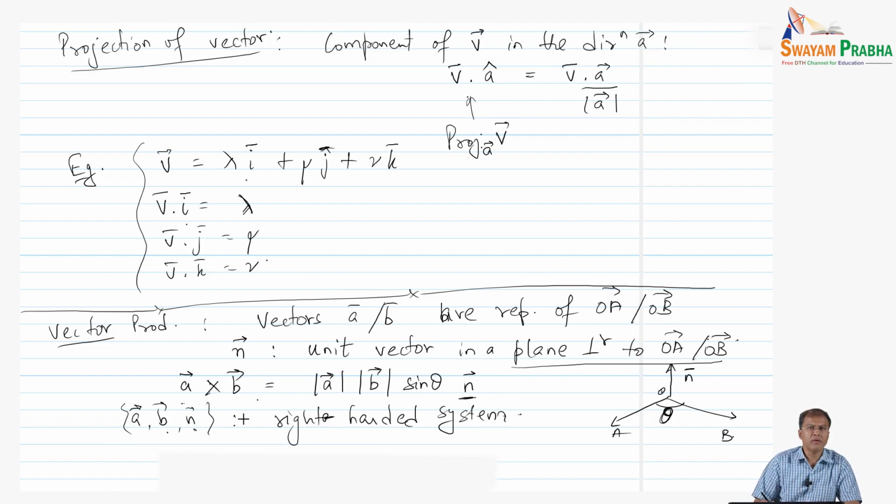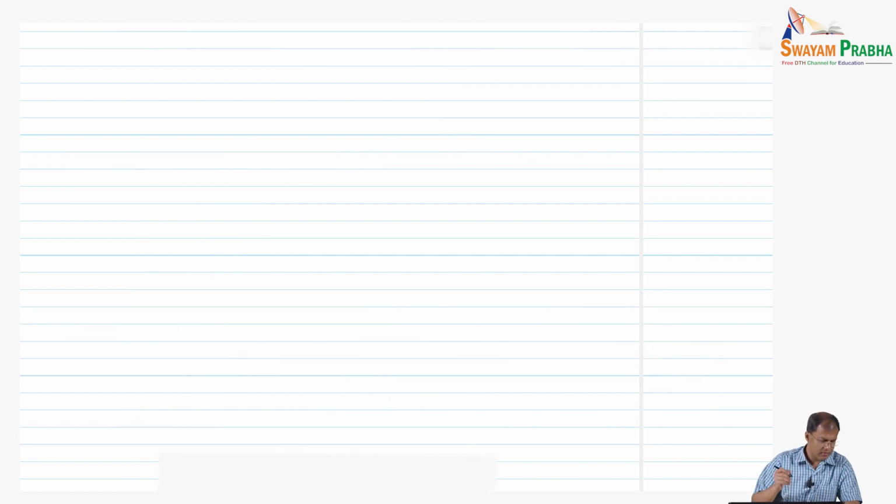And now we have some results based on this right-handed system. The set of results says that, if listeners can quickly recall, when we were taking the dot product, the order of the vectors did not matter.